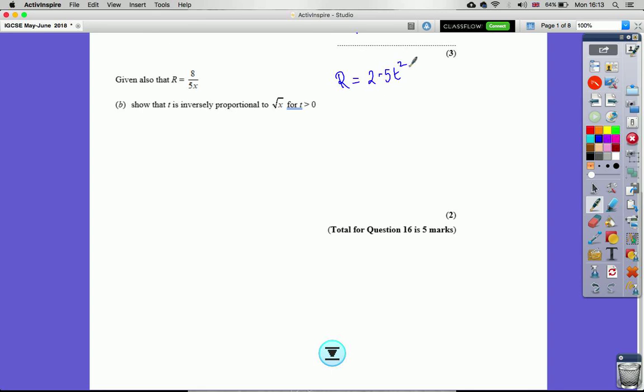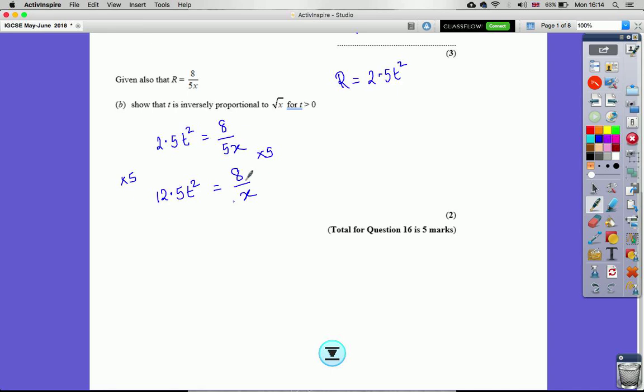So what I'm going to do is write down 2.5 T squared is 8 over 5x. Now this 8 over 5x, I'm going to multiply both sides by 5. So if I multiply both sides by 5, what I'm going to get is 12.5 T squared is equal to 8 over x, right?